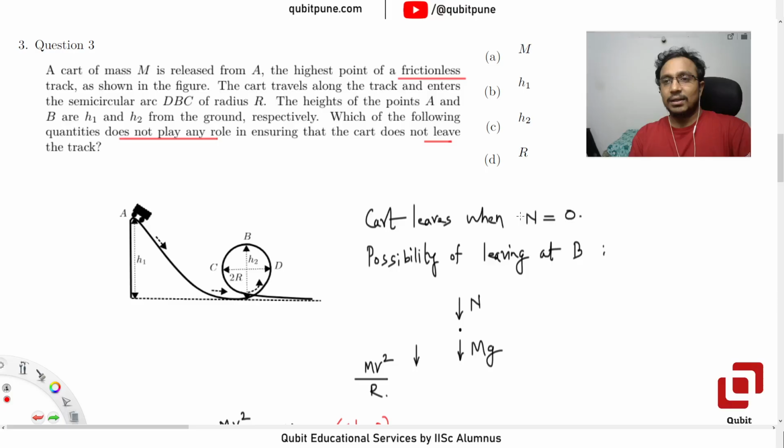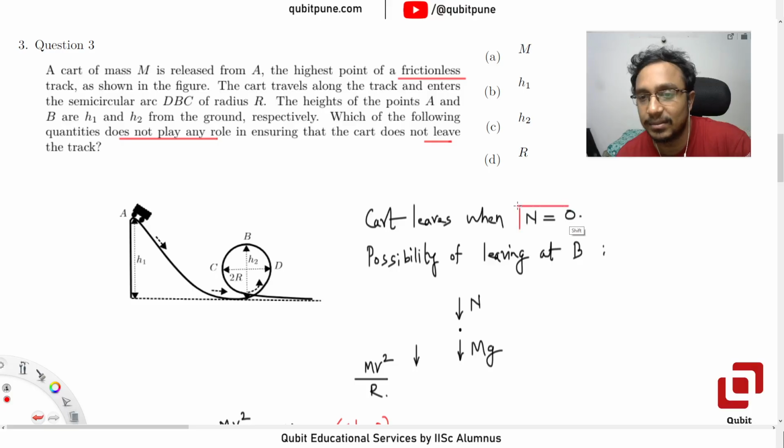Now, what I did is I considered the peak point, the possibility of leaving at B. The cart is going to leave when it is about to lose contact with the surface. So I drew the free body diagram here.